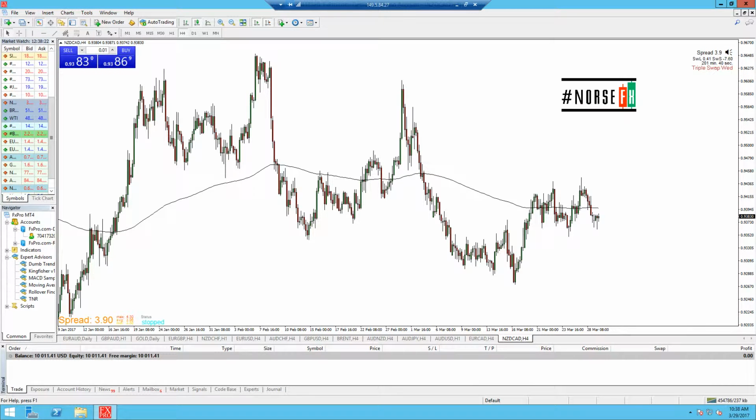So this is a semi-automatic EA, meaning that if the EA is on your chart, it will not take random trades. The only trades it will take are the trades that you have programmed the EA to take in the first place. So you have to program the EA for each trade.